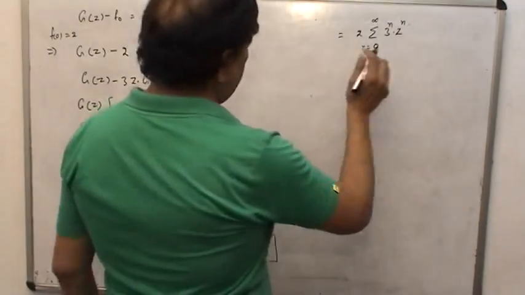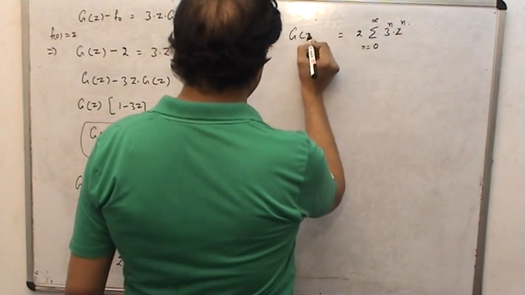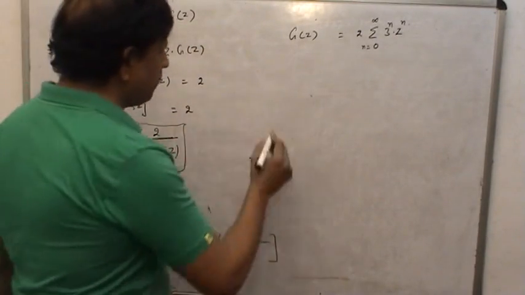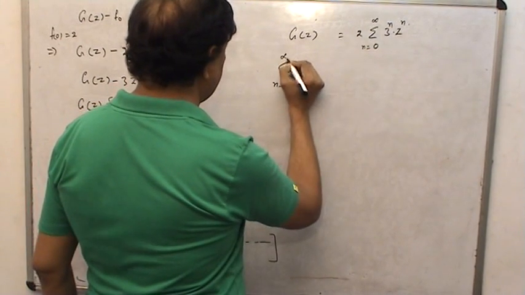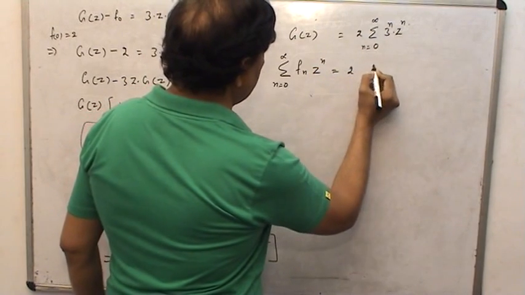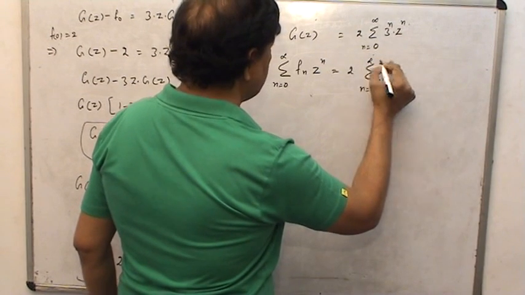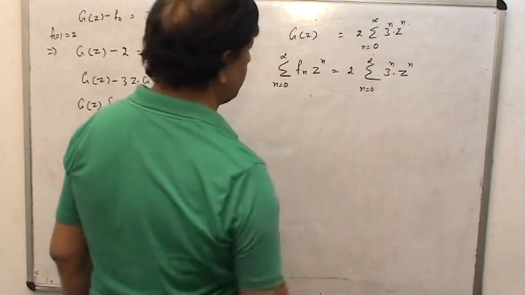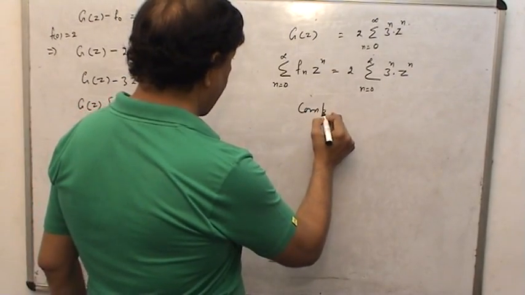Now if we compare, it is gz. So what is gz? We know it in the form of sigma n varies from 0 to infinity fn into z raised to the power n, and this equals 2 times sigma n varies from 0 to infinity 3 raised to the power n into z raised to the power n. Compare both sides.